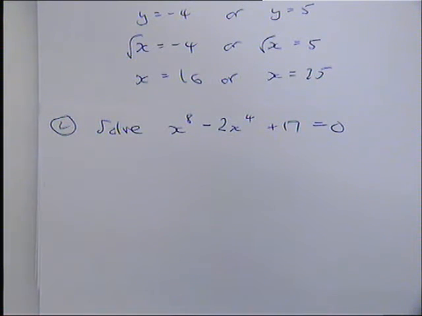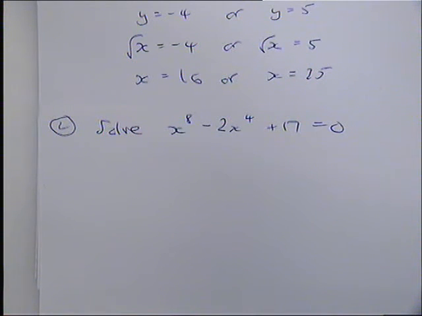Without saying exactly what to do, some of you may have spotted it. What's the thing to spot here? That's almost like a thing to look out for. Can anybody spot something that suggests why this will become what we want? Is that because they're both x to a power?